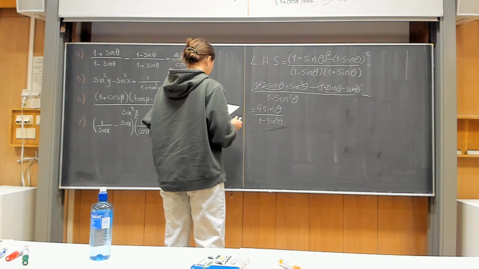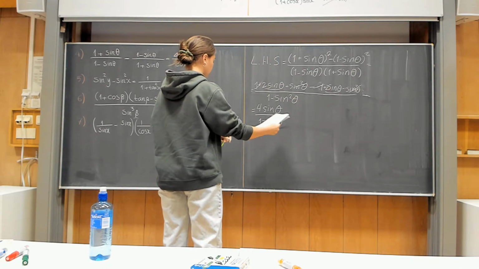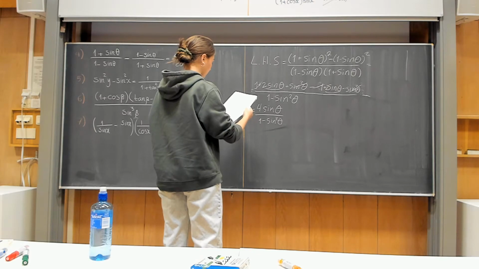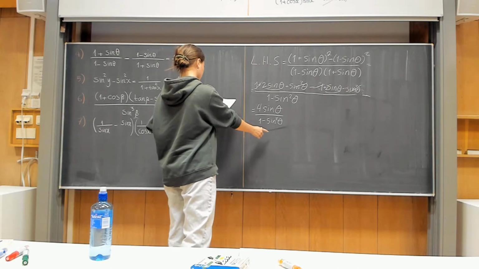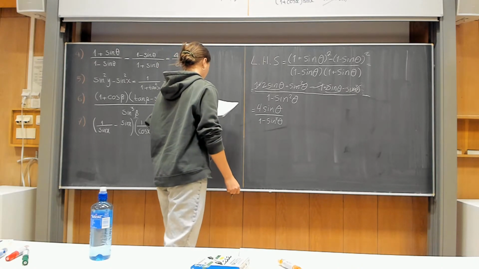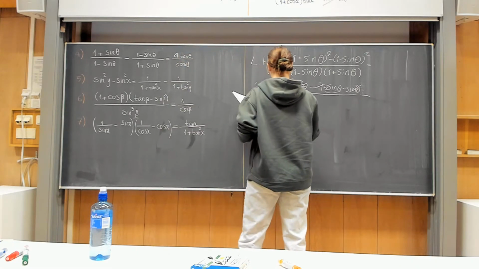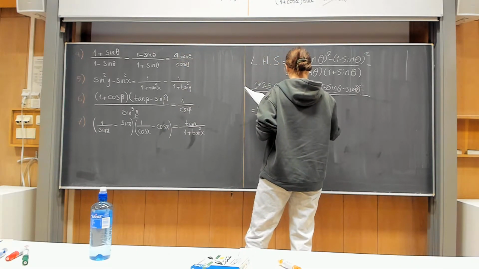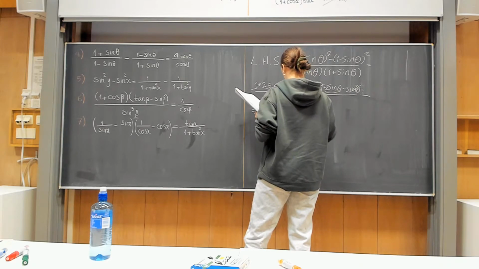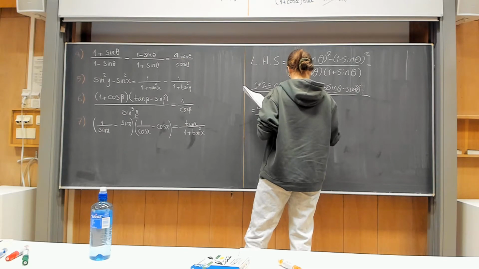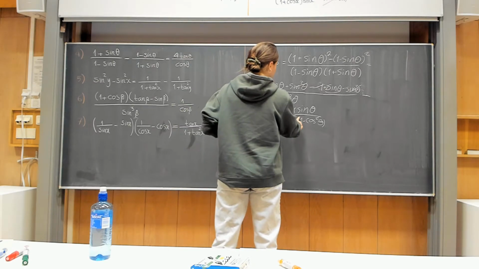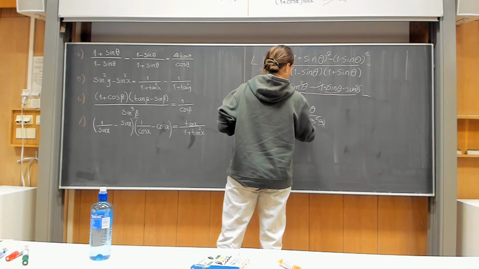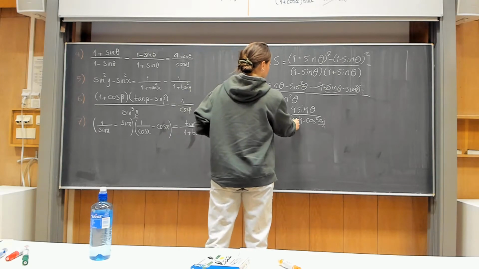And then I chose to get rid of sine here, so I put it as, and then I remove the pair of brackets and it becomes positive, and these cancel.